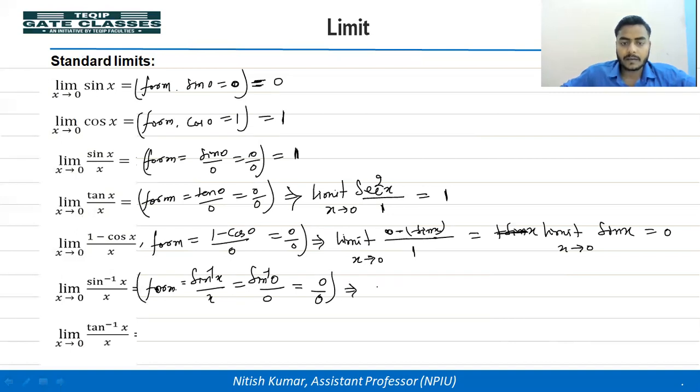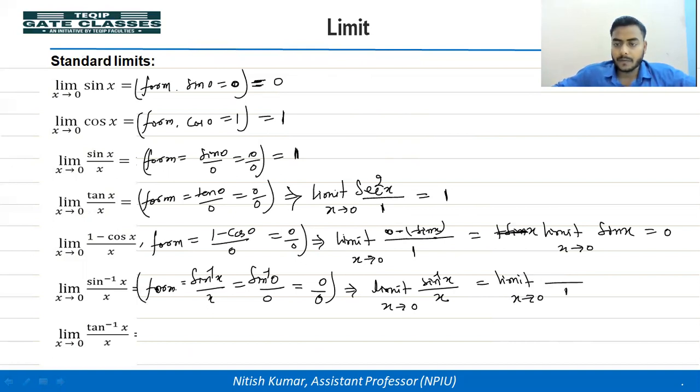We can apply the L'Hopital rule here. So the limit as x tends to 0 of sin inverse x divided by x will be equal to the quotient of their derivatives. 1.